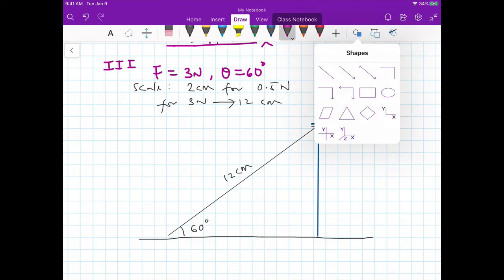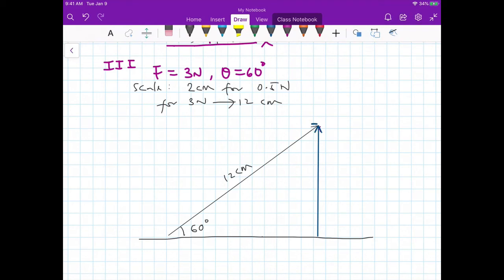Then again I'm going to draw a line that is the same height as this.